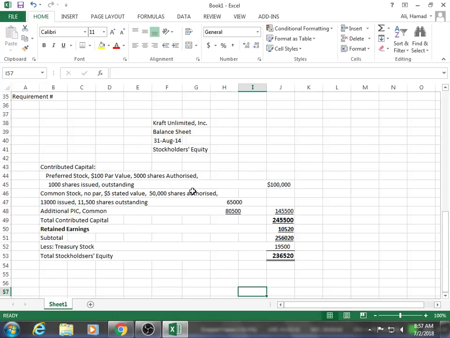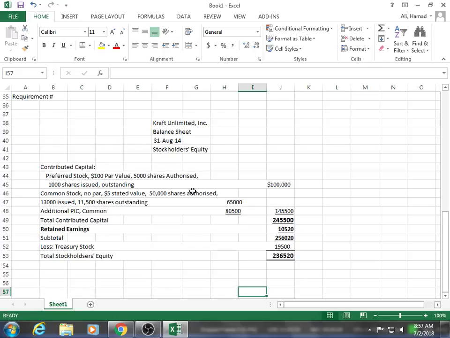All those 3 together are called contributed capital. So the total contributed capital in this case is 245,500.